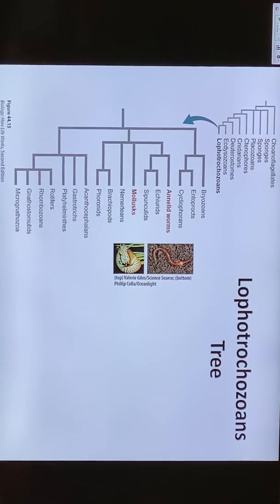The thing to do to help make sense of this is to think the lophotrochozoans are mostly soft-bodied, kind of worm-like creatures and some mollusks, whereas the ecdysozoans are organisms that have to molt. They have an outer coating that has to be removed in order to grow. So among the lophotrochozoans, we're really just going to focus on a couple of groups to know something about, because they represent some major evolutionary advances.